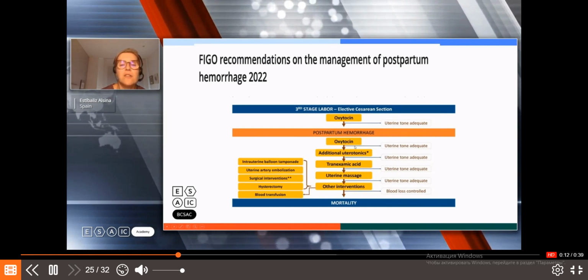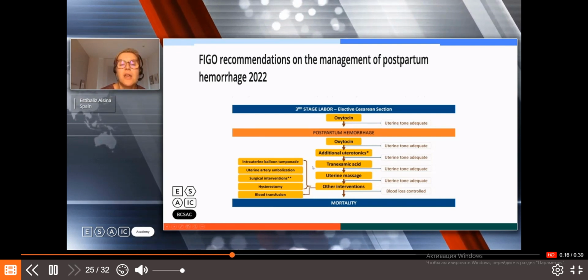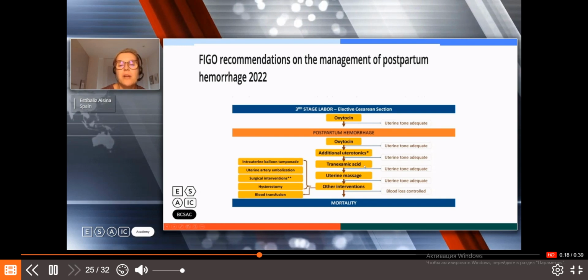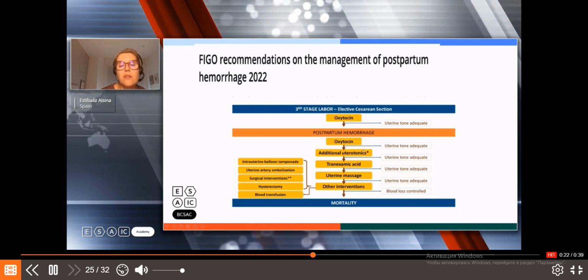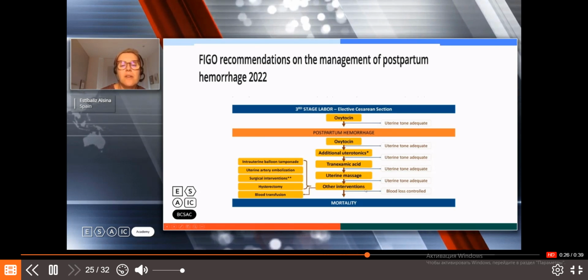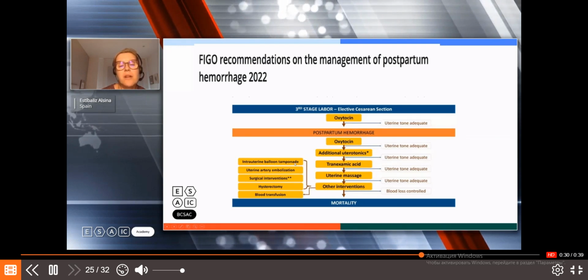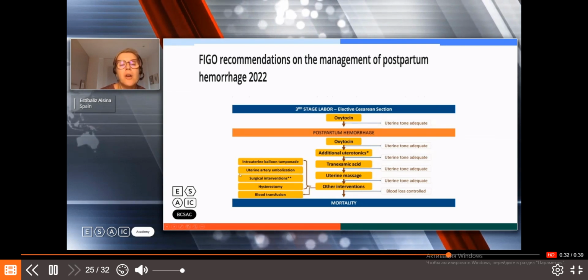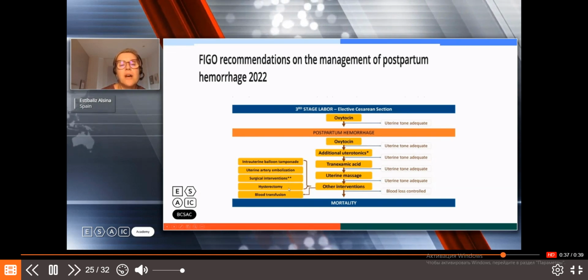If oxytocin is not working, we give additional uterotonics. In between, we can start with tranexamic acid, uterine massage always at the same time. And then the last step is other conditions like intrauterine balloon tamponade, Bakri balloon, embolization, surgical intervention, hysterectomy, and also blood transfusion.